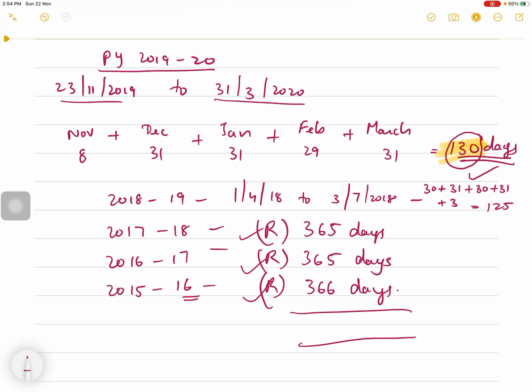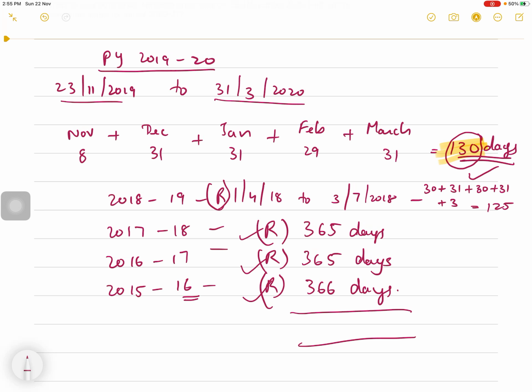And 18-19 also he was resident, because he satisfies the second basic condition for the year 18-19. So therefore he was resident in India for minimum 2 years during the 10 years preceding the previous year.